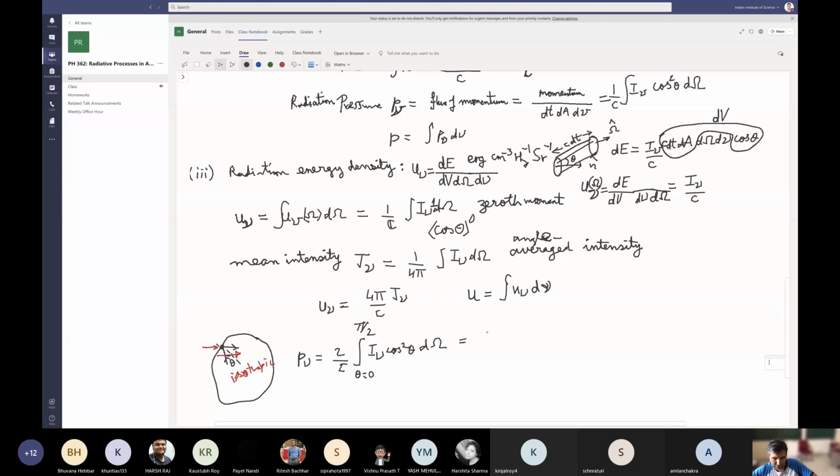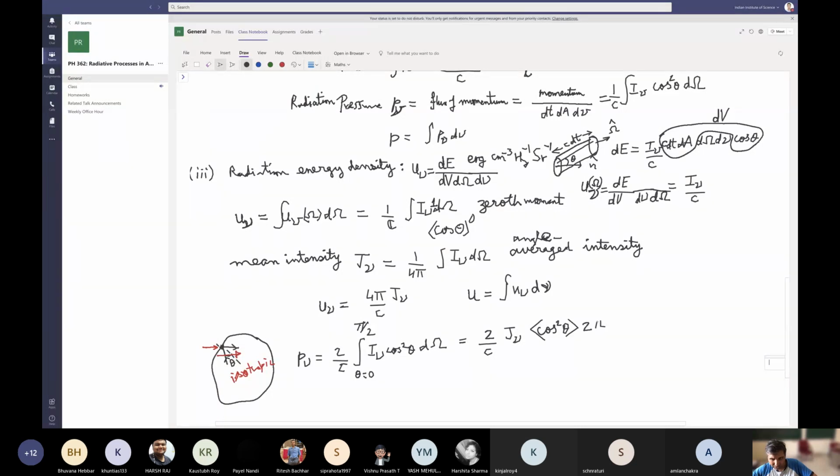So let me just call this 2 by c J nu, which is independent of theta, and this is nothing but cos square theta. So this cos square theta is actually averaged over all angles 0 to pi by 2, and the solid angle is nothing but 2 pi, right?